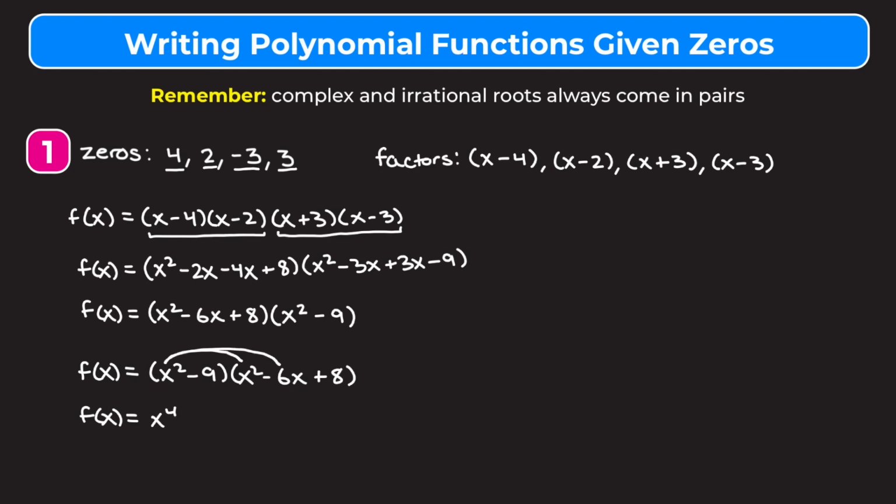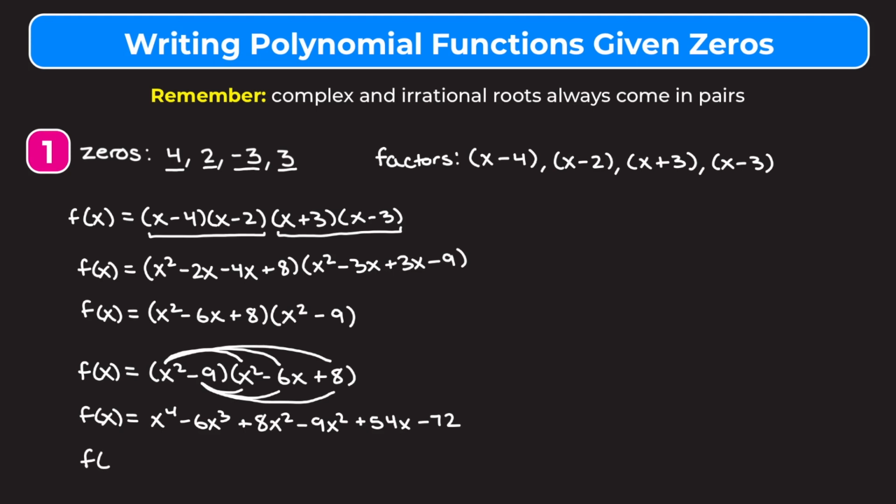X squared times -6x gives us -6x cubed. X squared times 8 is positive 8x squared. Now we're going to distribute the -9. -9 times x squared is -9x squared. -9 times -6x is positive 54x. -9 times positive 8 is -72.